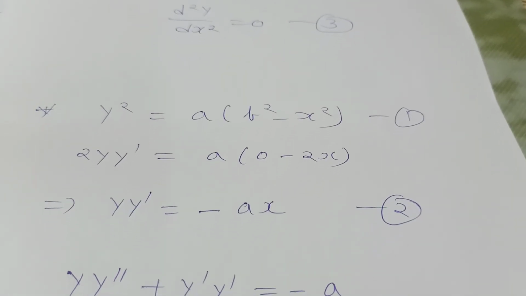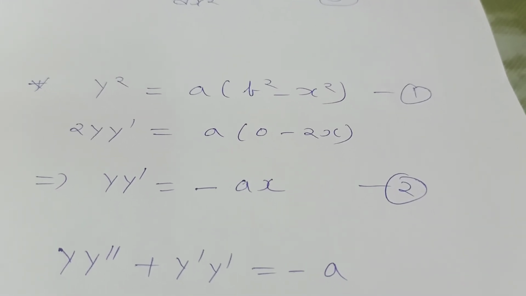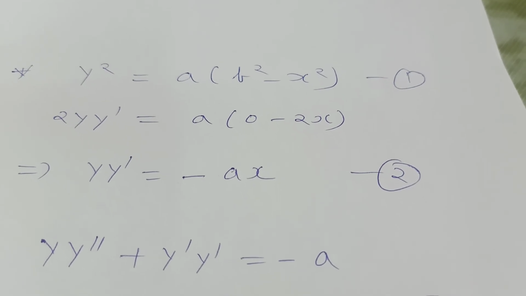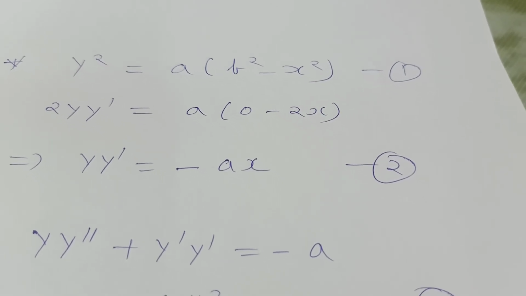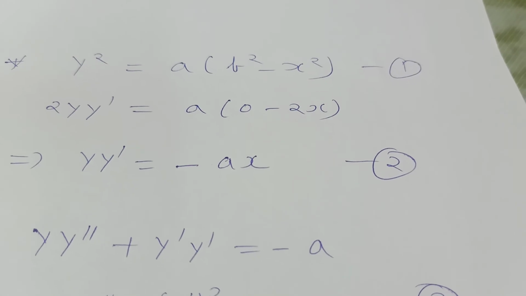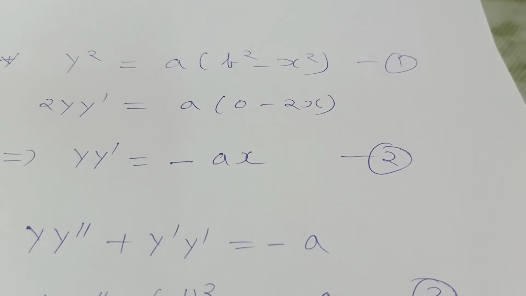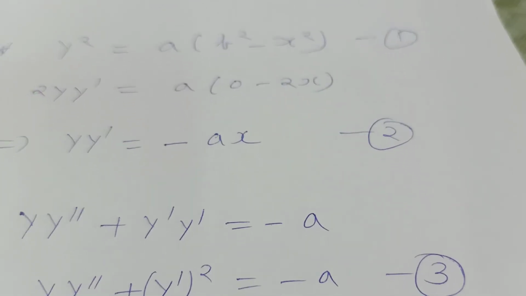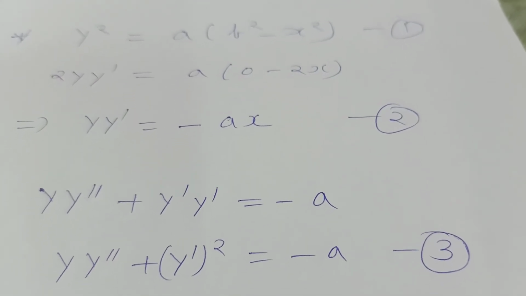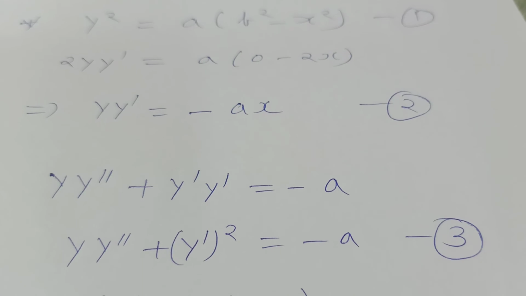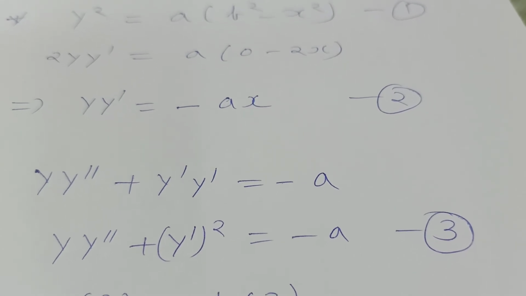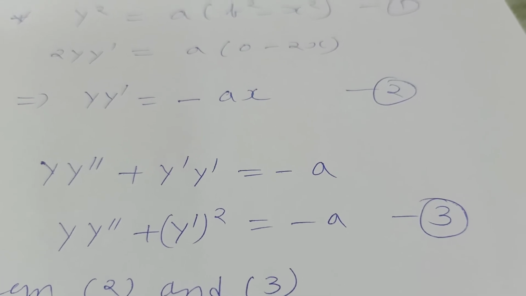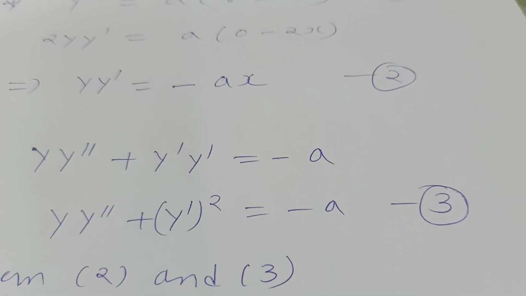Now the next example we will see is y square equal to a times (b square minus x square). Again it has two parameters, so we will differentiate it twice. The first time we will get 2y y dash equal to a into 0 minus 2x, that is y y dash equal to minus a x. Again after differentiation we will get y y double dash plus y dash whole square equal to minus a.